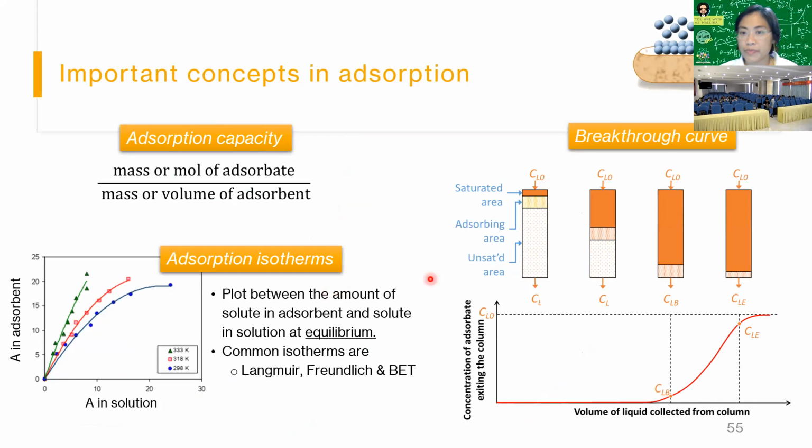For new resin, you could probably go very high for the volume for effective adsorption, but for older resin, this part of the curve will get shorter and shorter and then it stops working. So the breakthrough curve is a very important concept in adsorption.